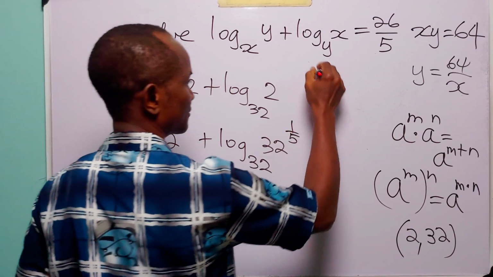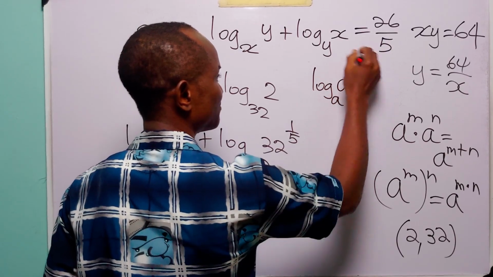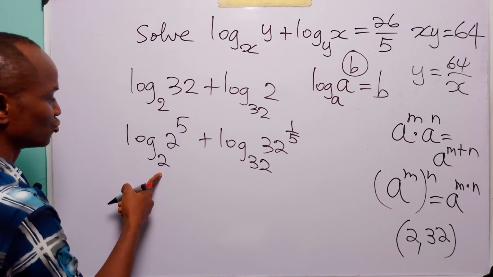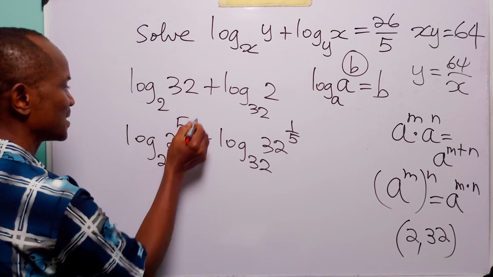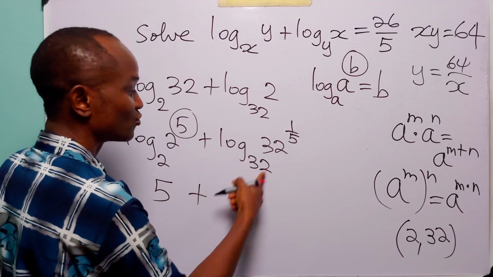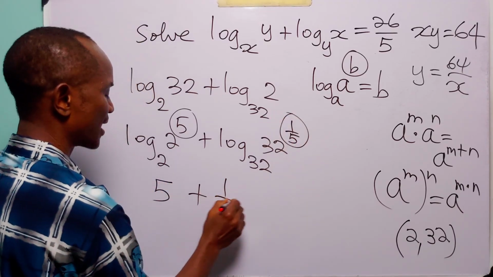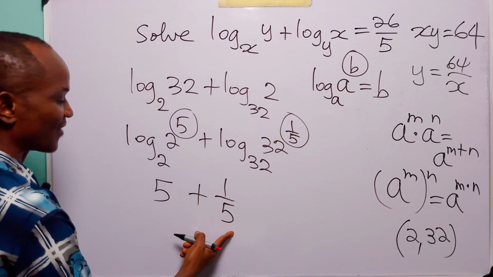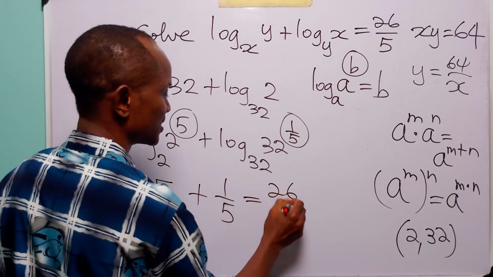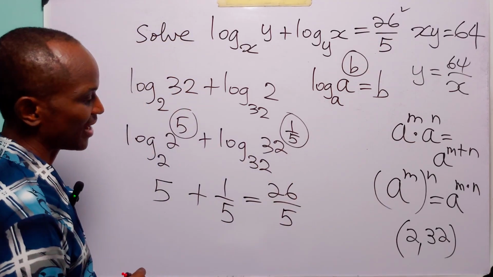Now, let us remember that log to base a of a to power b is simply equal to b. So this, that is log to base 2 of 2 to power 5, is simply equal to 5. And log to base 32 of 32 to power 1/5 is simply equal to 1/5. 5 times 5 is 25 plus 1, 26/5, which is exactly what we have on the right hand side.